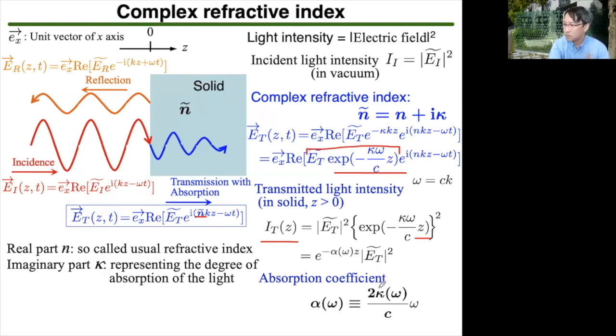From this formula, we learned that coefficient alpha is expressed by 2 kappa omega over c like this. Since the wave number is modified between vacuum and solid, but the angular frequency is not changed, both alpha and kappa should be represented by a function of angular frequency or photon energy.